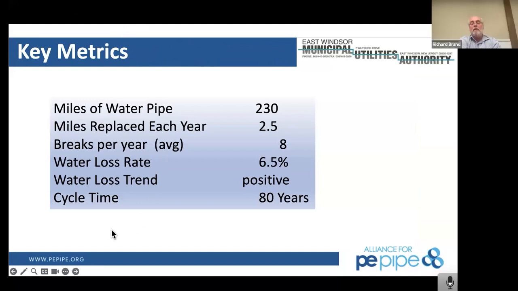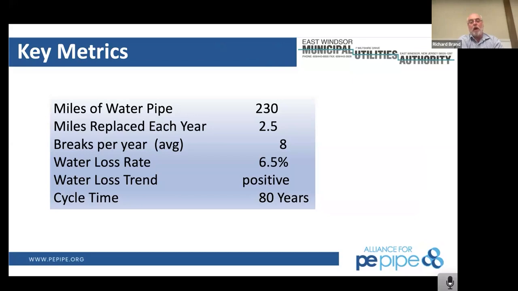Okay, again, here we have 230 miles of pipe. Our miles that we are replacing currently is about 2.5 miles per year. Our average breaks right now are about 8 breaks per year, and it used to be up around 16 to 20 breaks per year.